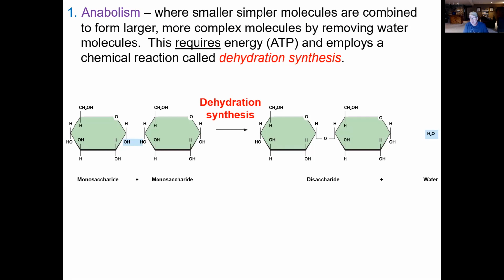And this process of anabolism takes energy, takes ATP, we call it. We'll define that toward the end of today's lesson. But it's the energy currency of our cells, this adenosine triphosphate, or ATP for short.